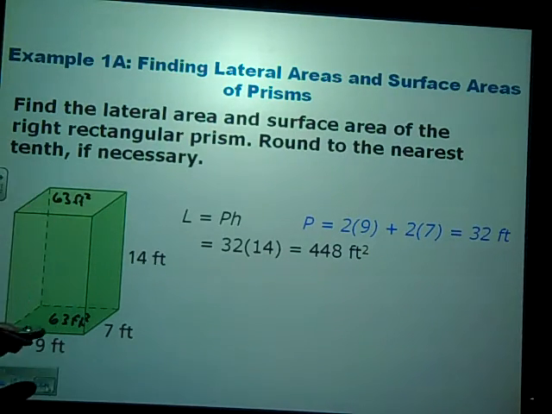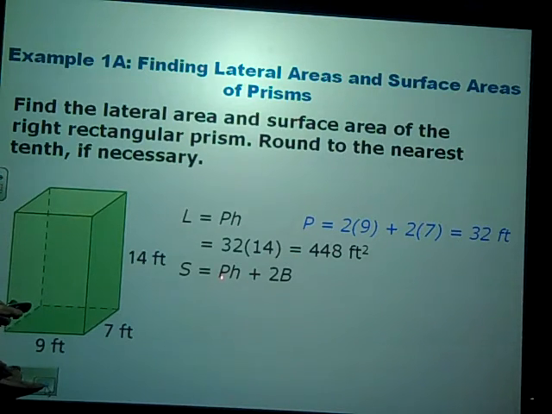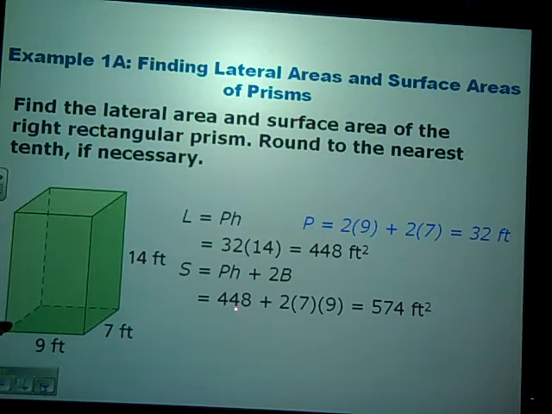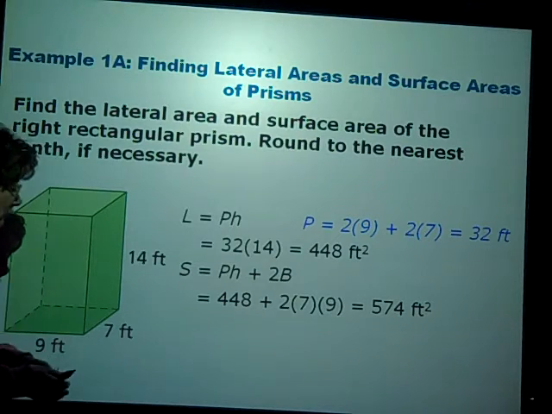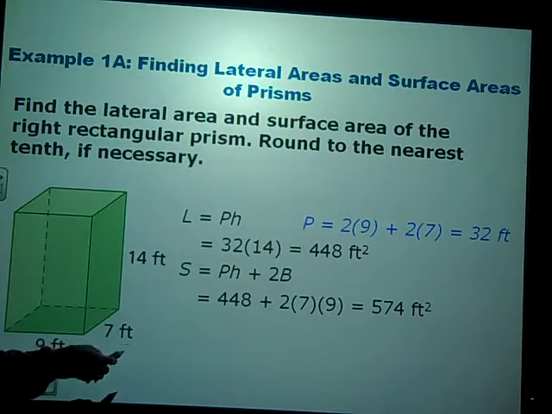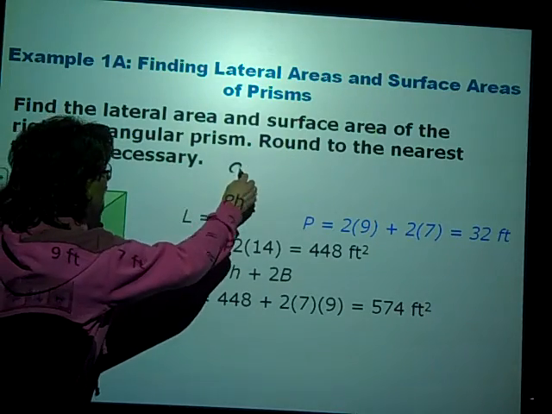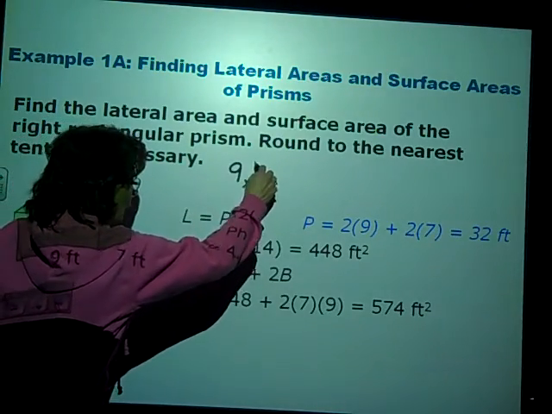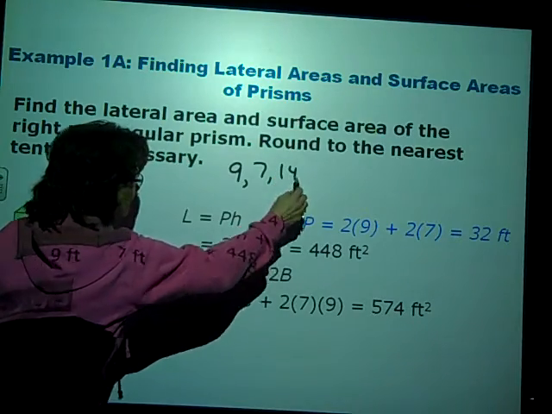So take this, add 2 times the area of the base. Perimeter times height plus 2 times the area of the base. Already have that, so we'll plug it right in here. And then we'll put 2 times 7 times 9, that's the area of my base, 574 square feet. If I wanted to just get the surface area, wasn't interested in the lateral area, I might say my 3 dimensions are length, width, and height.